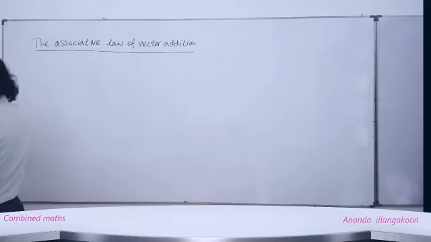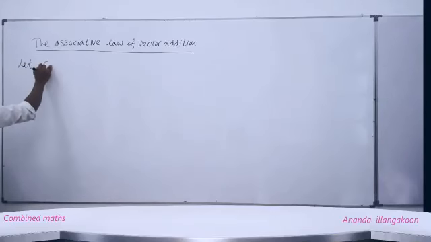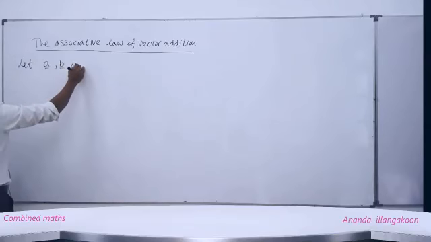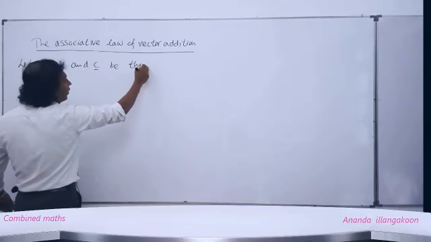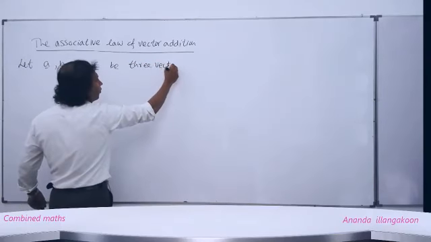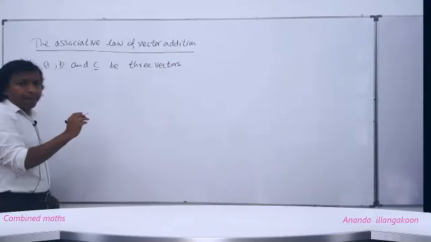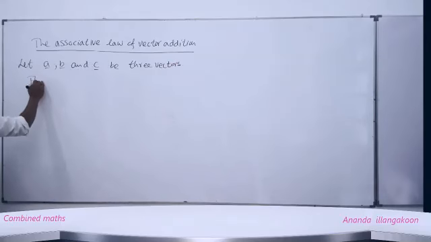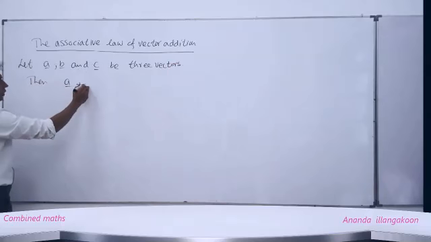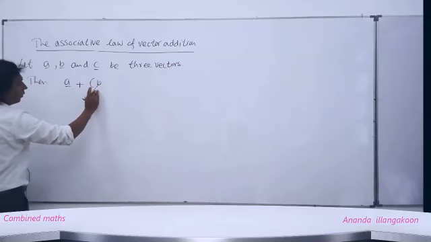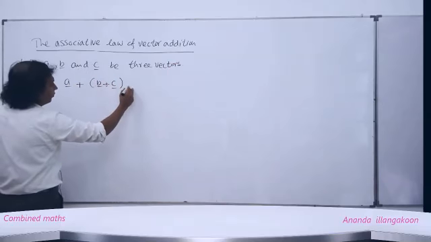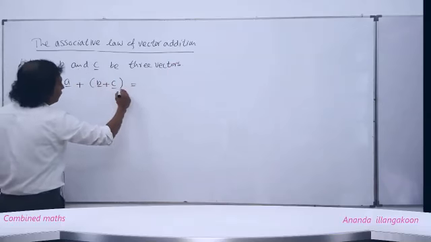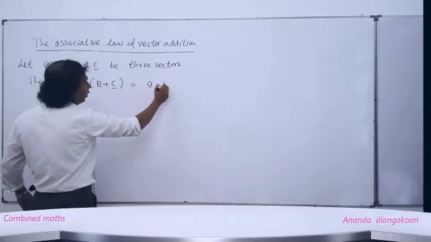Write down like this. Let A, B, and C be three vectors. Then A vector plus (B plus C) is equal to (A plus B) plus C.